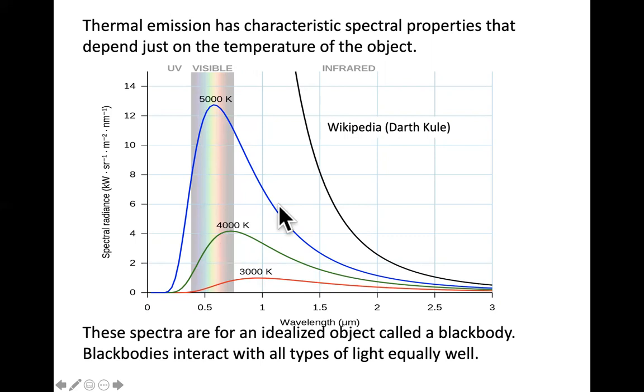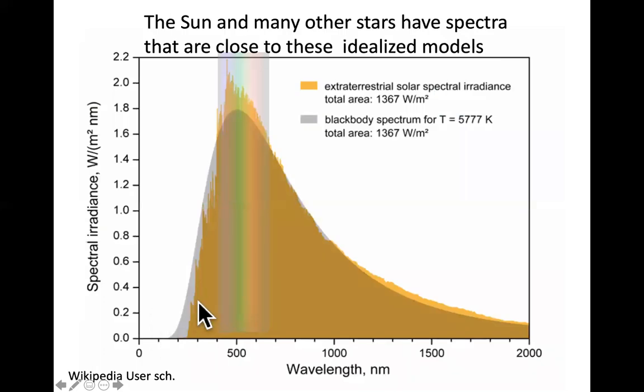Now, this is an idealized theoretical object, but real objects, especially those at high temperatures, match these predictions fairly well. For example, going back to this plot, the yellow-orange curve is the spectrum of the sun. The gray is an example of these sorts of theoretical spectra.